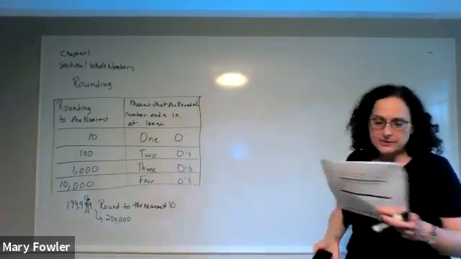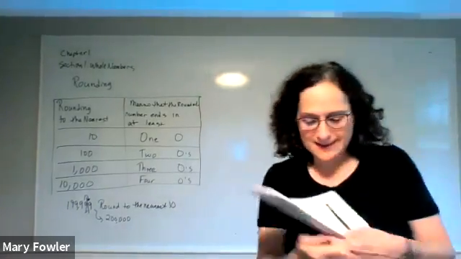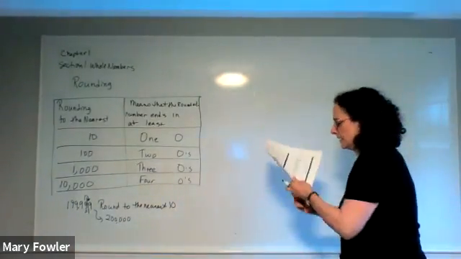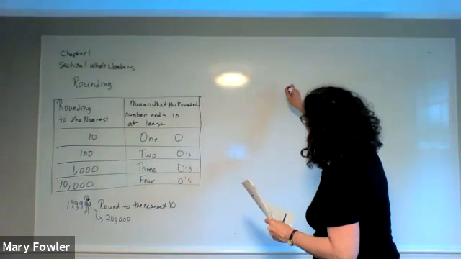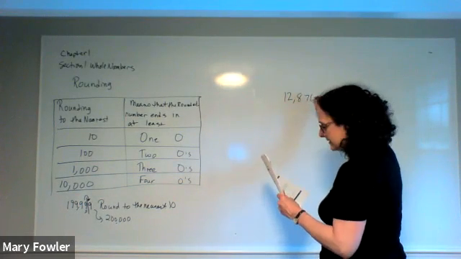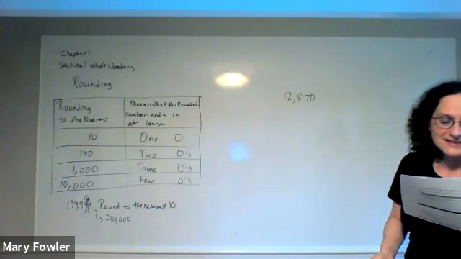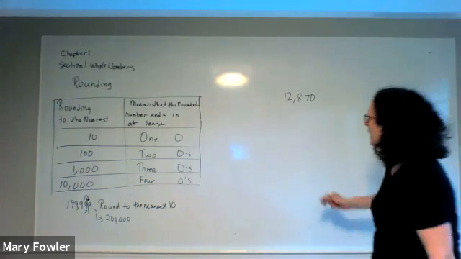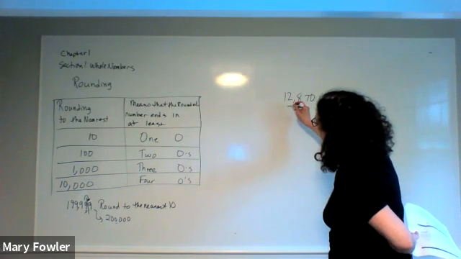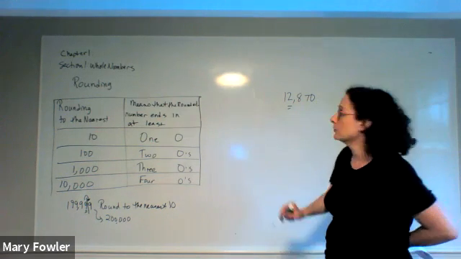Okay, so the Robinsons are having new windows installed, and the price is $12,870. How much to the nearest $1,000? Okay, so find the digit that's in the thousands place. It's the 2.